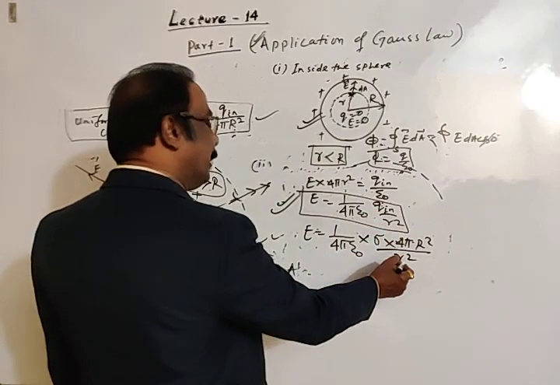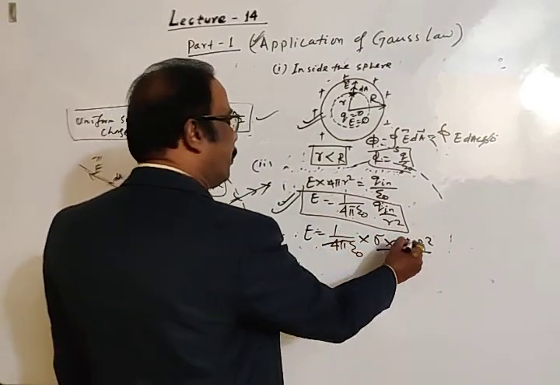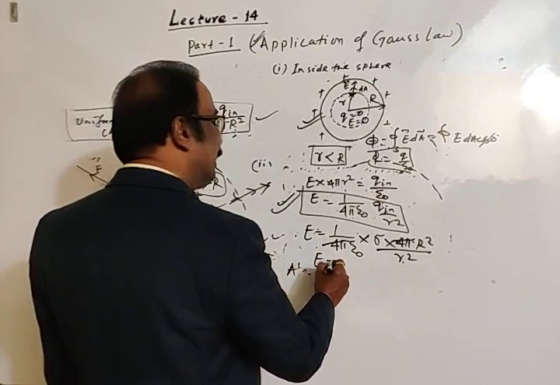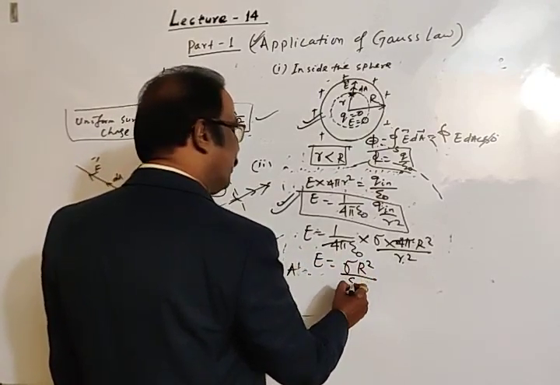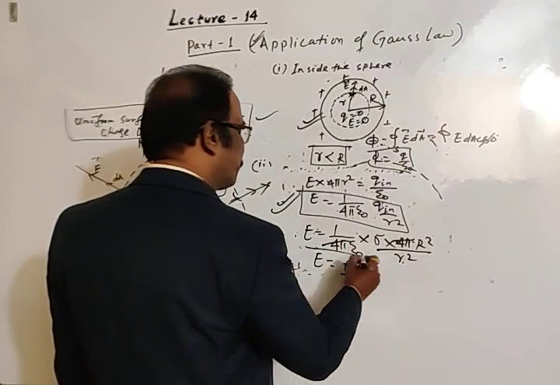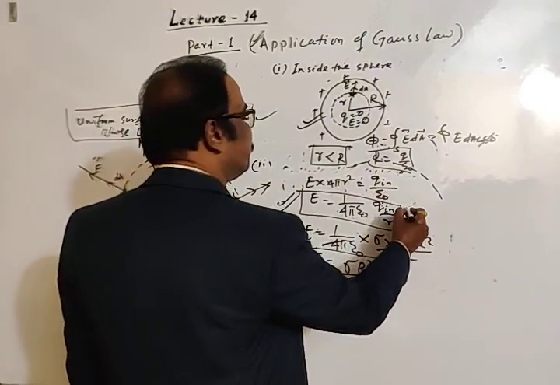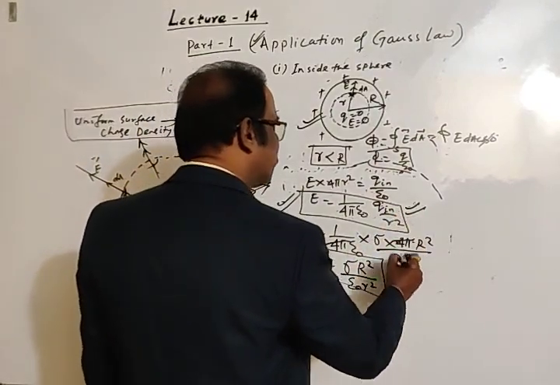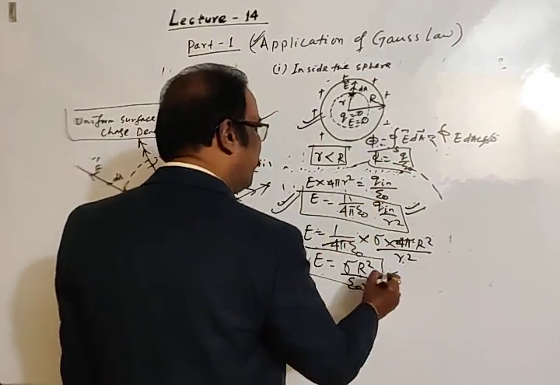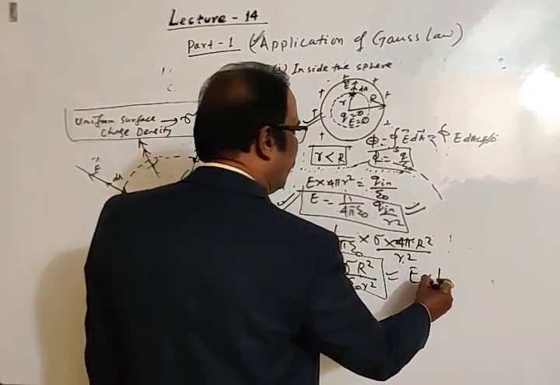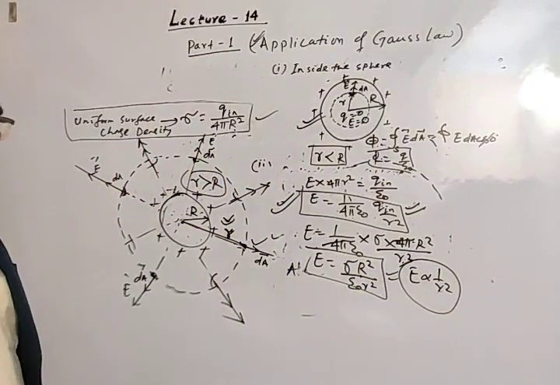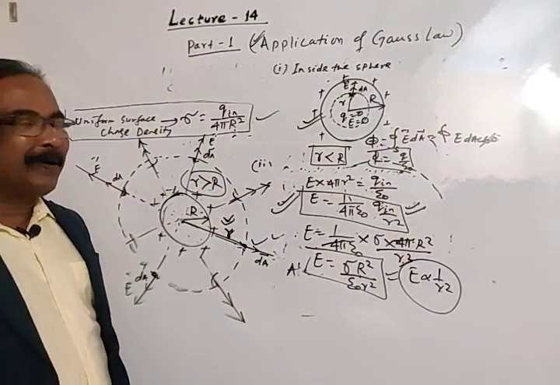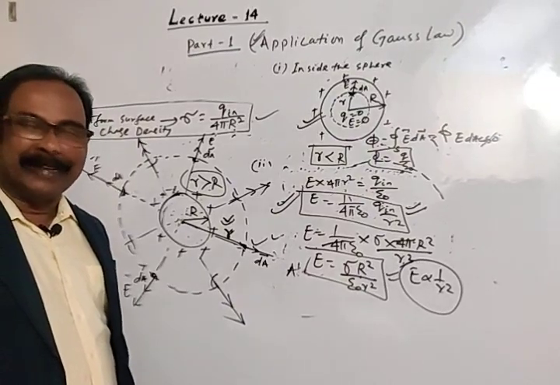Q inside divided by r square, 4 pi gets cancelled, then electric field is sigma r square divided by epsilon naught r square. Again it comes, in this case and this case, from both expressions we are getting electric field inversely proportional to the square of distance.